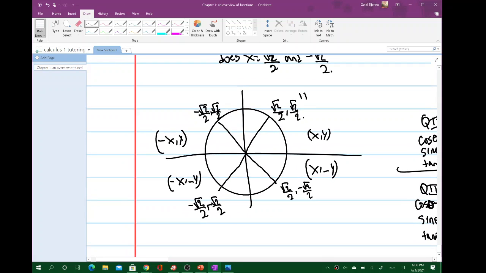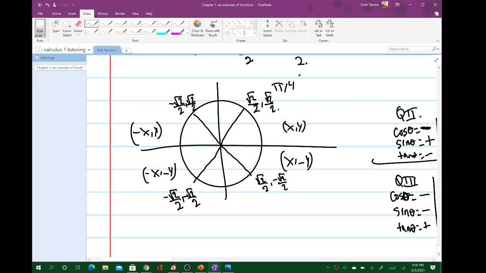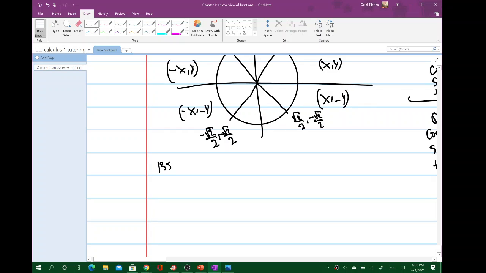Now, we know that this is pi over 4, because like I said, if you remember the unit circle, this is pi over 4, and that means that this is 45 degrees. So if you go to 90, you're going to do plus 45. If you go another 45 degrees over here, it's going to be about 135 degrees. Okay, so what is 135 degrees in radians? You're going to multiply times pi over 180.